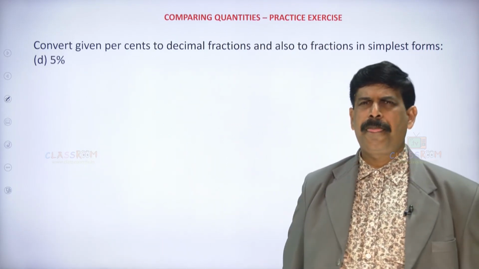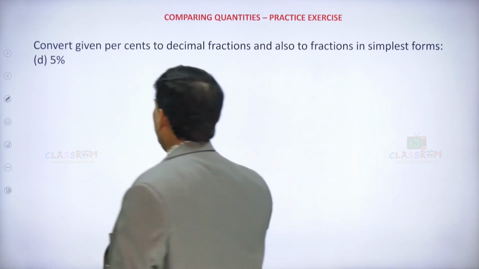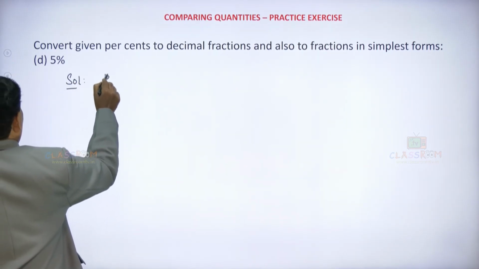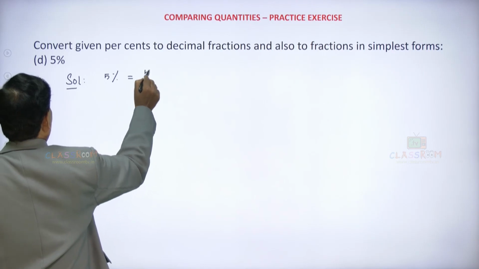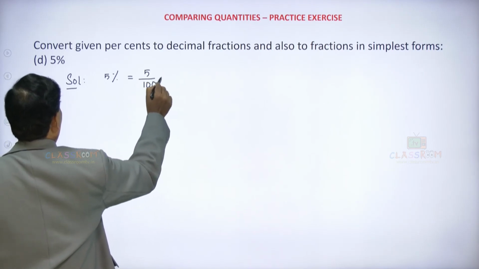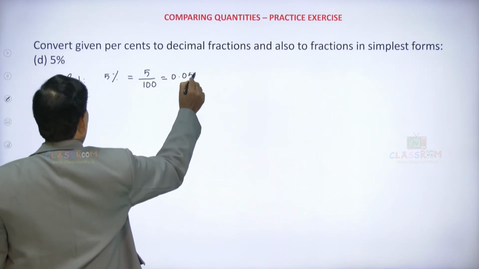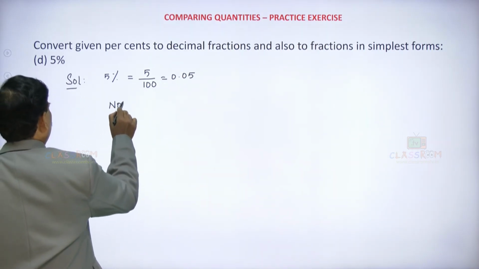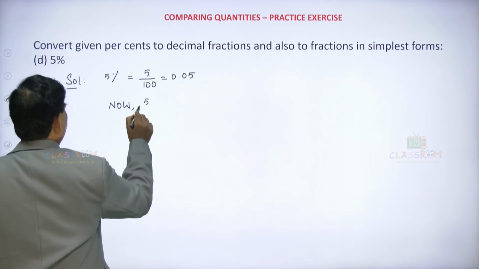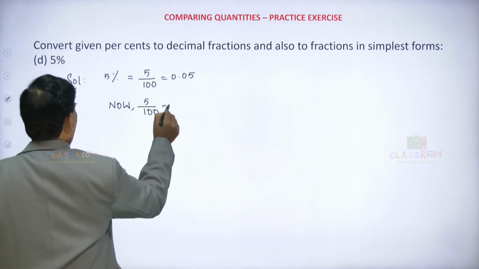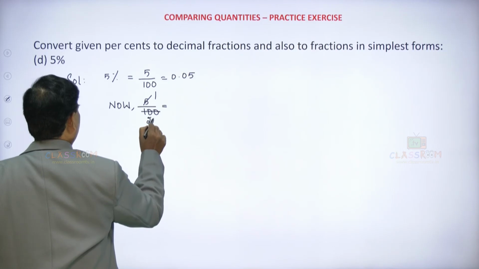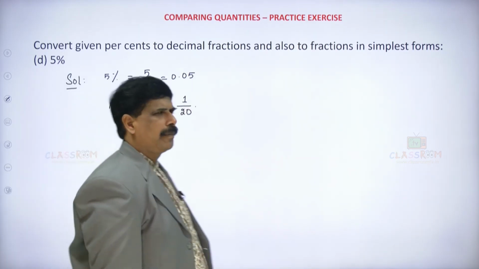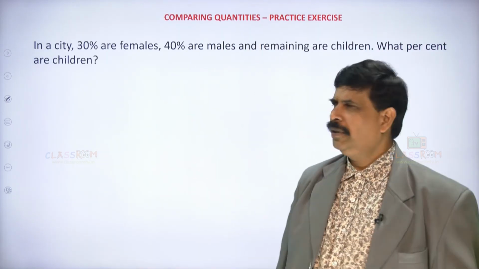Clear? Now, 5%. So 5% we can write it as 5 by 100. That is 0.05, converting into the decimal form. So now 5 by 100 we can write it as 5 ones are 5, 5 20s are 100. So that is 1 by 20. Clear? See the next one now.